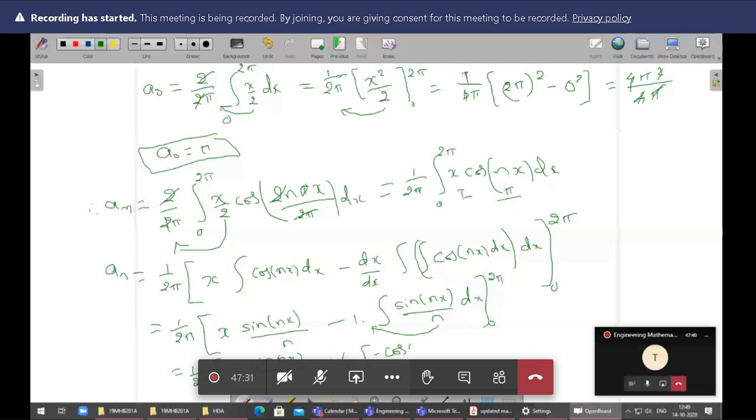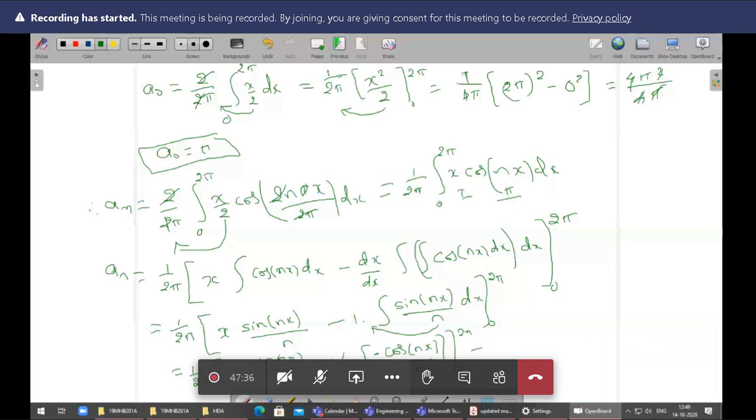Now apply the limits. What do we get when we apply the limits? 1 by 2 pi into upper limit x equals 2 pi into sin 2 pi n divided by n, minus lower limit x equals 0 into sin of 0.